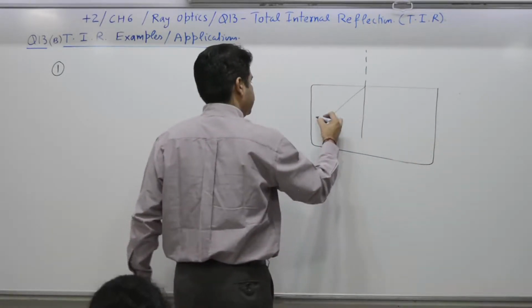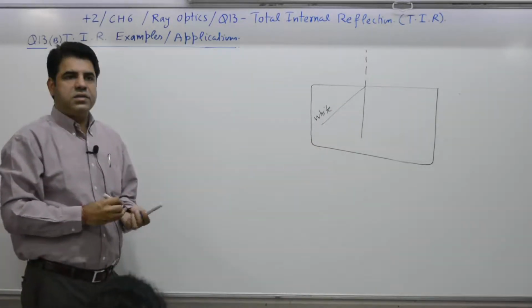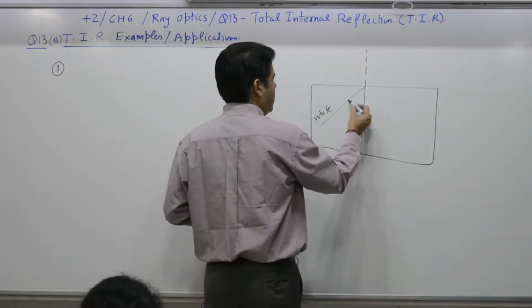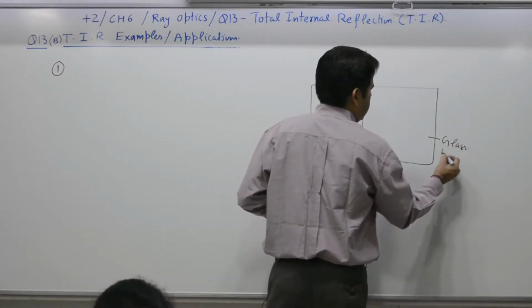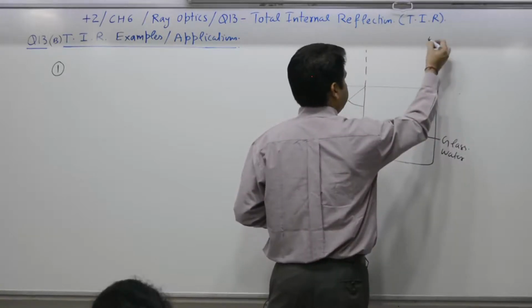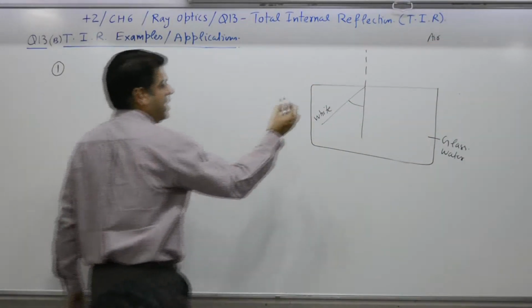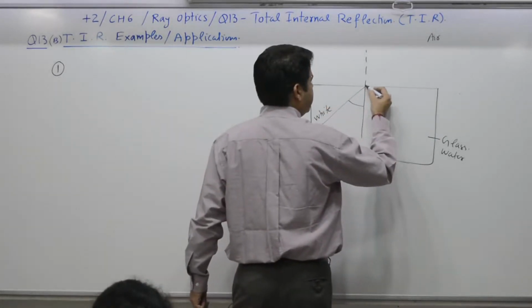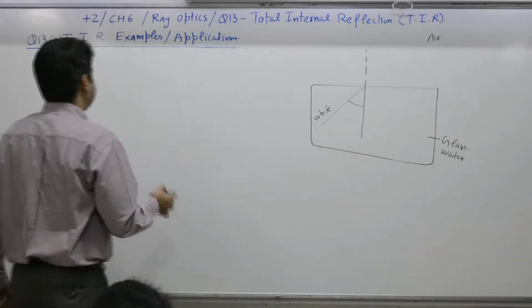This is white light. It means made up of all colors. If it moves from one medium, say glass or water, to air, then r, the angle which the refracted ray makes with the normal, depends on what?